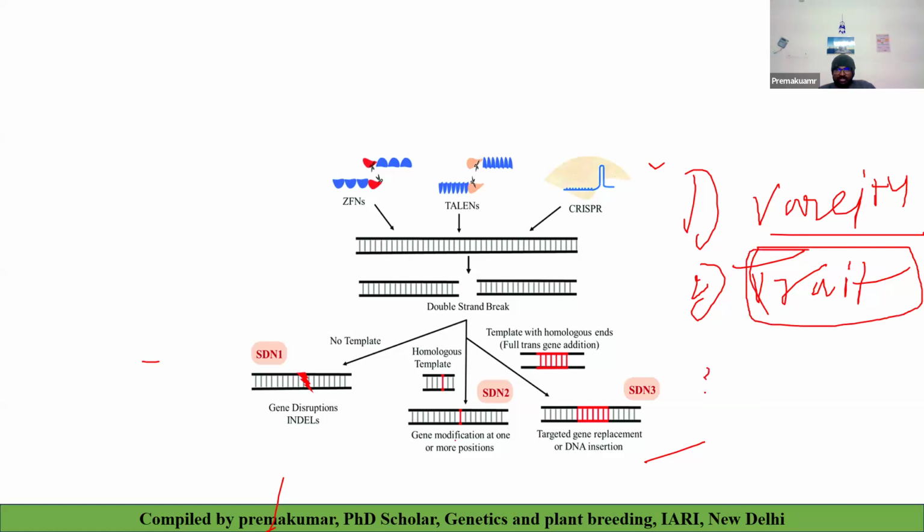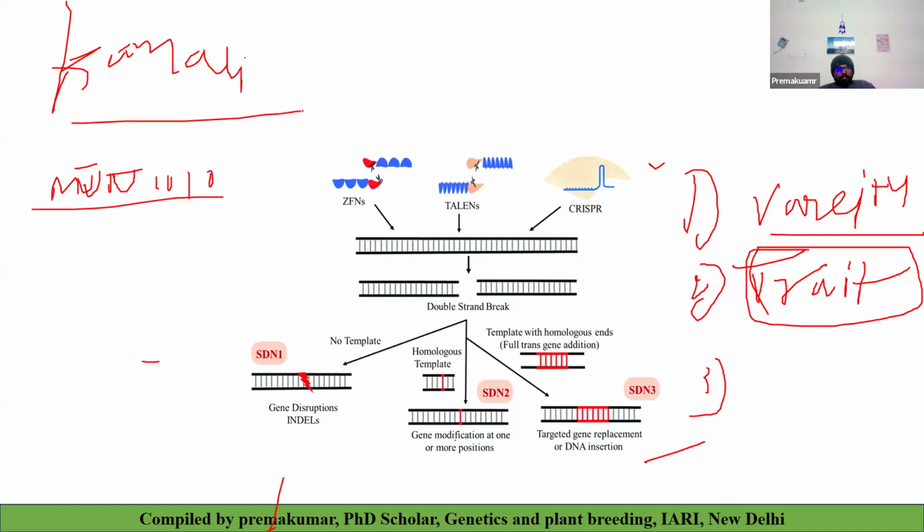For example, there is a classical example: Kamala is an edited variety, or in India, one variety called MTU 1010. Both are actually rice, with higher grain number per panicle. Why did they choose this trait?